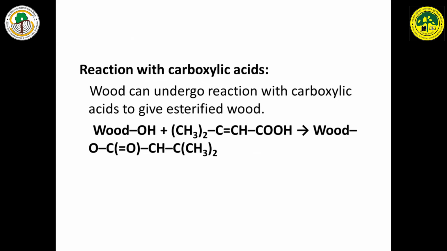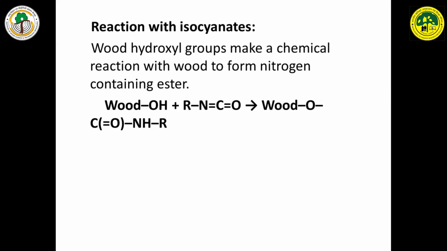Reaction with carboxylic acid. So wood is combining with carboxylic acid. Here carboxylic acid is the COOH. It is an unsaturated carboxylic acid because in this molecule a double bond and COOH are present, producing the esterified wood. So this is also another one. Next, isocyanates.